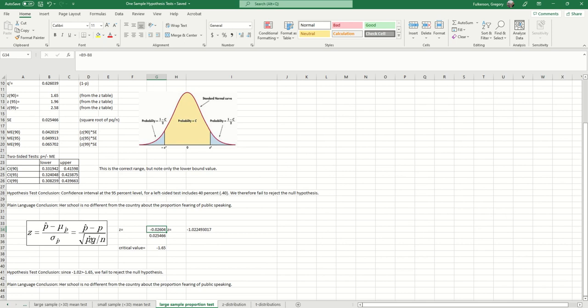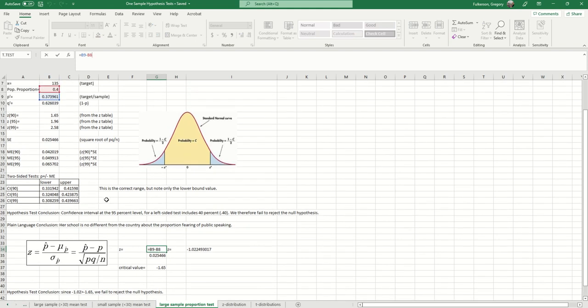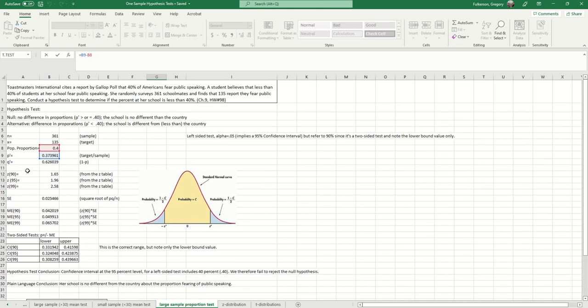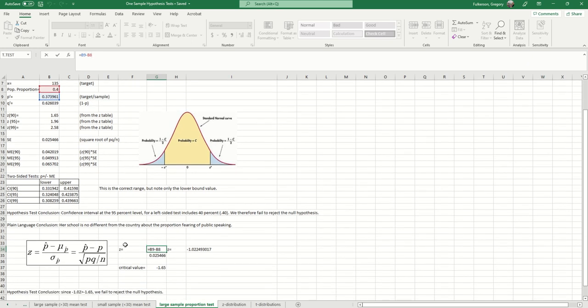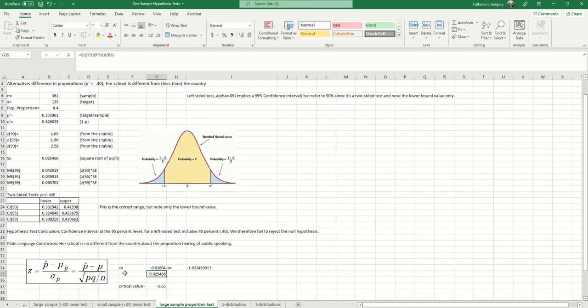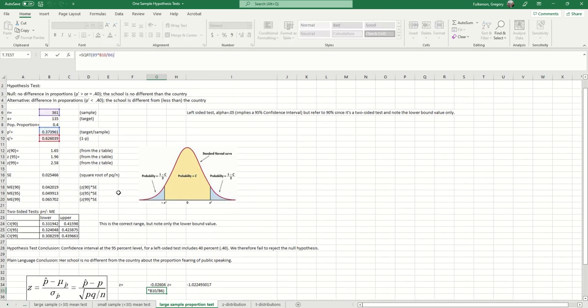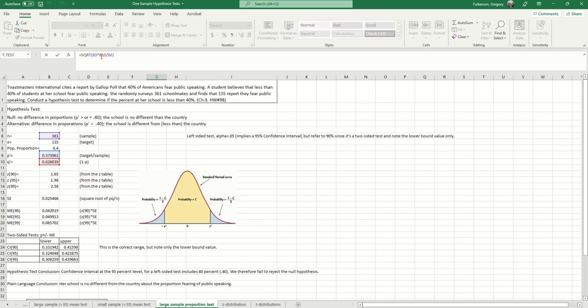So in the numerator, we have B9 minus B8, right? So we have the sample proportion minus the population proportion. And in the denominator, the square root of P times Q divided by N. So what that looks like is the square root of B9 times B10 divided by the sample size.